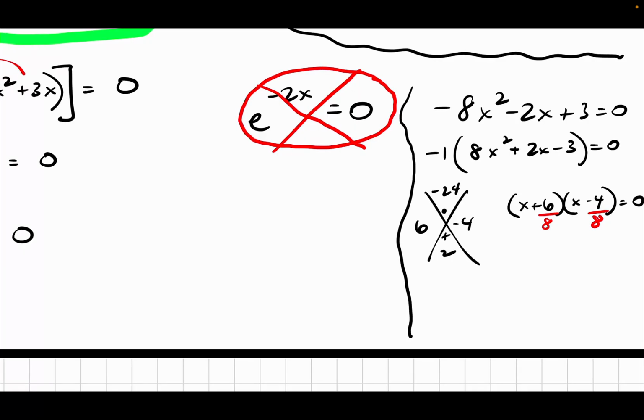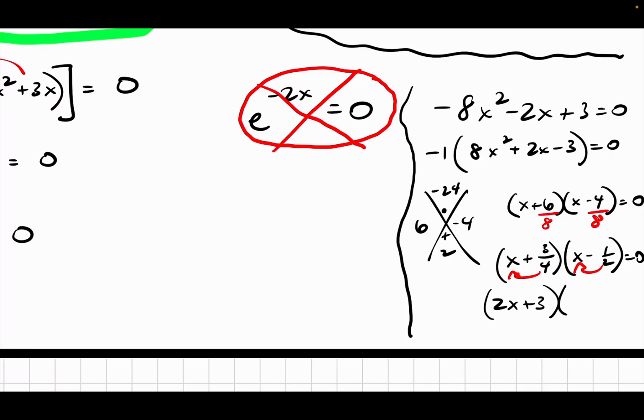So I'm going to get x plus 3 over 4 and x minus 1/2. Those both come up. So we get, 2x, wait, no, that's wrong. Oh, 4x plus 3 and 2x minus 1. So you're going to get negative 3/4 and positive 1/2.